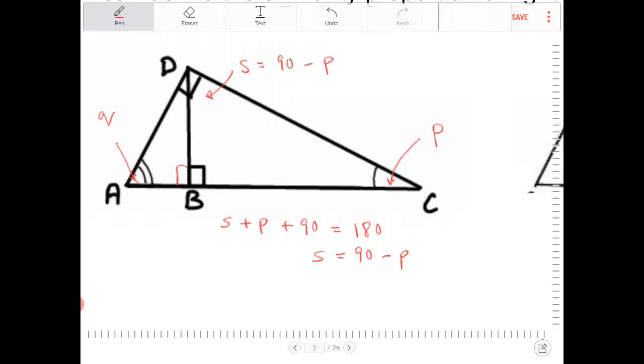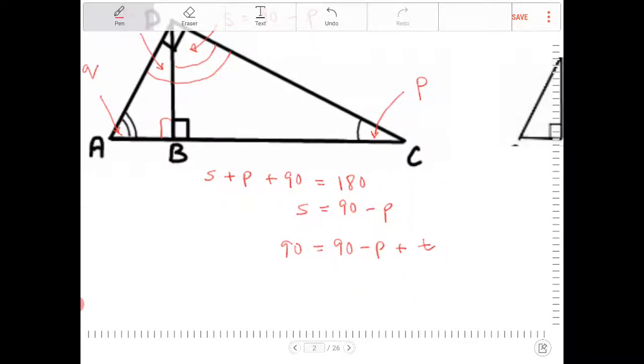So if this angle is 90 minus P, what's the measure of this overall angle? That's 90, right? So in other words, 90 will equal 90 minus P plus, and I have no idea what this guy is, so let's call that T. So plus T. Notice now I have 90s on both sides.